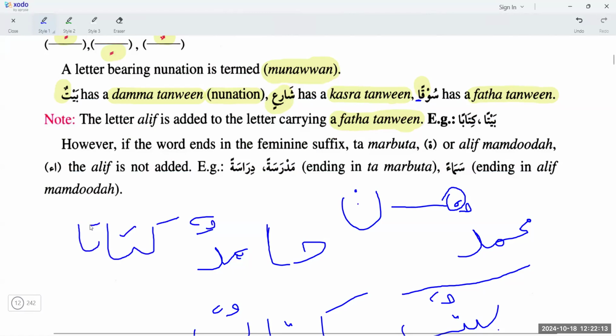If there is a fatha tanween, we add an extra alif, and this alif is sukun. Hamidan. We will add an extra alif. So when it is mansub, there is a fatha tanween.